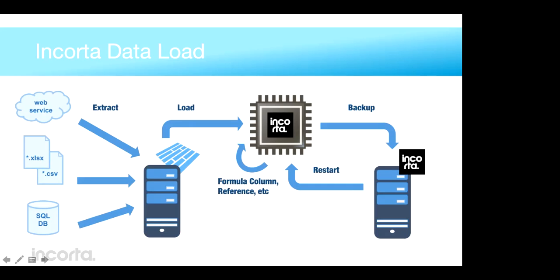Incorta can also get data from web services such as Salesforce and ServiceNow. When the data is extracted into Incorta, it is stored in Parquet files. This is our staging area, in the file system. Then the data is loaded into the Incorta engine, which is the memory area, and this is Incorta's data storage.